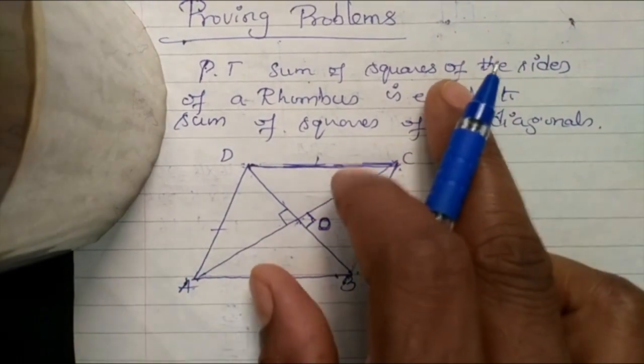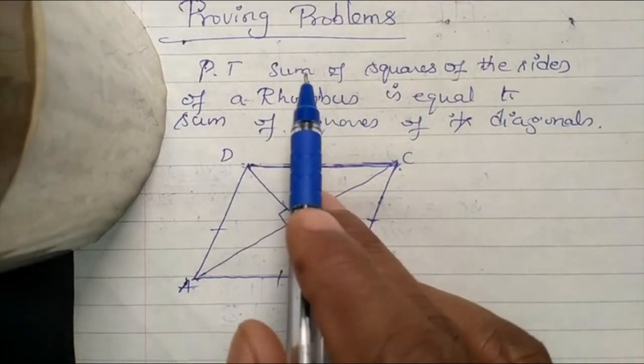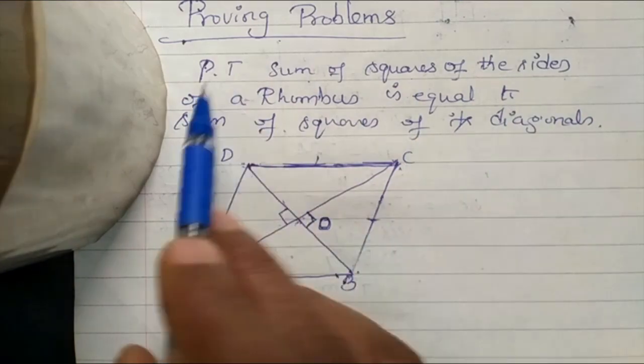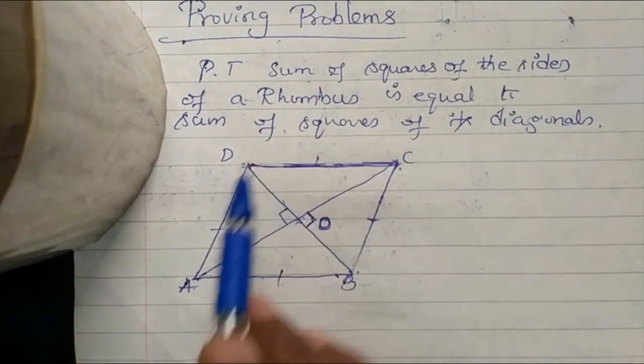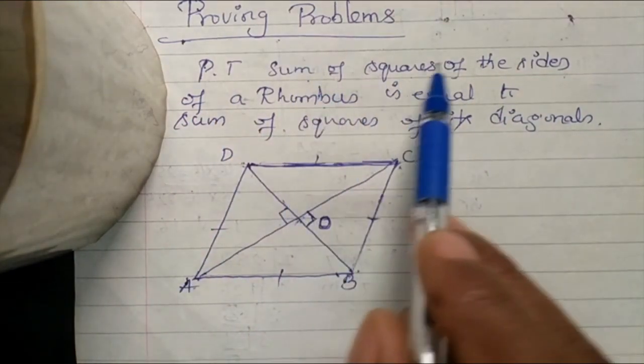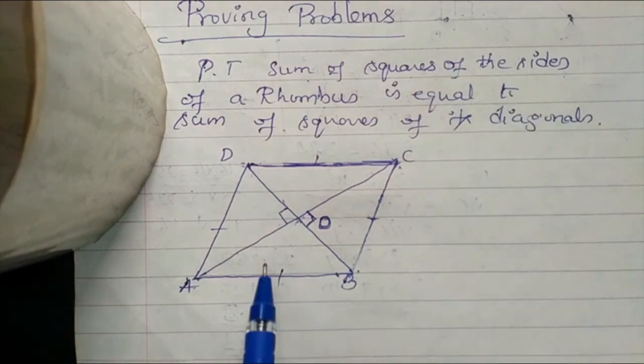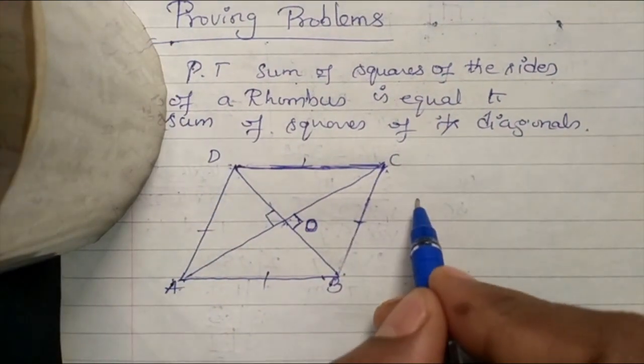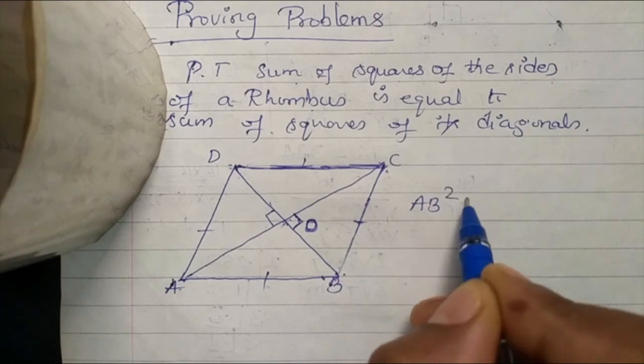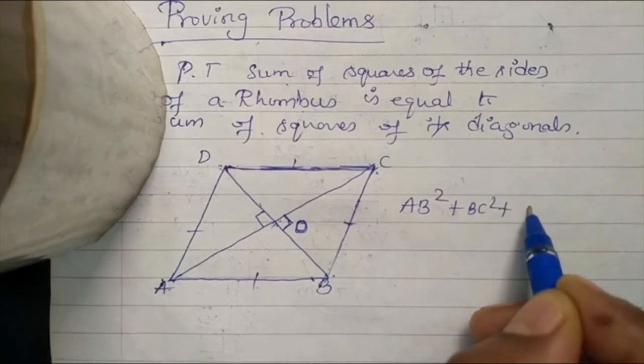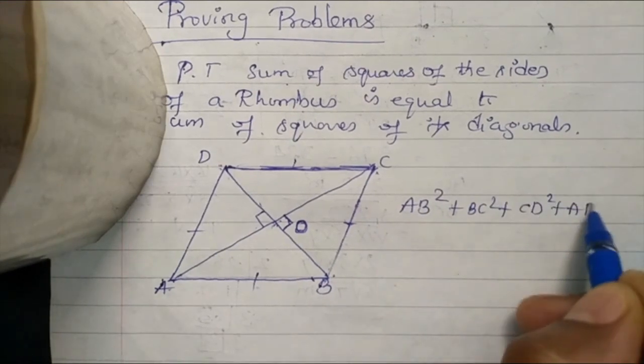So we write the given question in the form of an equation. Sum of squares of the sides of a rhombus. That means there are four sides. What they are saying? Sum of squares of sides. So all four sides squared: AB square plus BC square plus CD square plus AD square.